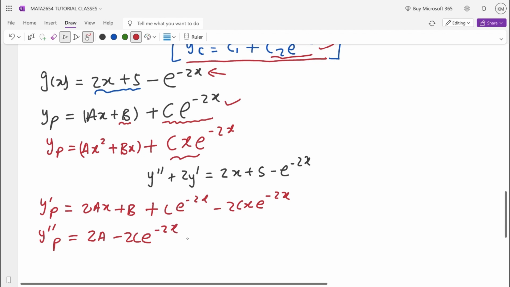Now when we come here, I would like to keep this negative 2 outside, then derive cx e to the minus 2x. Here, by the product rule, I'm going to be left with c, then e to the minus 2x, I leave it alone. Then I say minus 2, then I leave cx alone, then I have derived e to the minus 2x, just like that. So this is the second derivative.